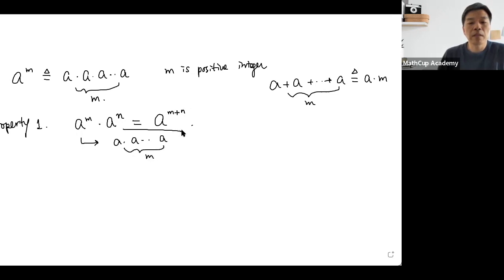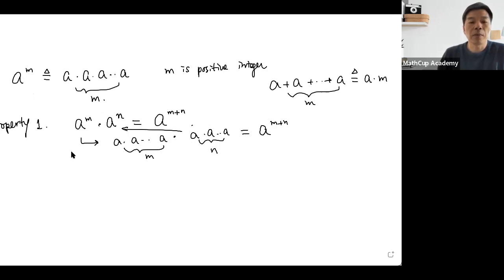Now this is a times a times a, n times, and they are multiplied together. By the basic associative law, or actually just by the definition, this is m plus n a's multiplied together, right? So this exactly equals a to the power m plus n.